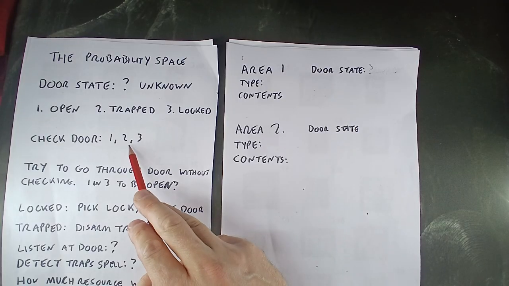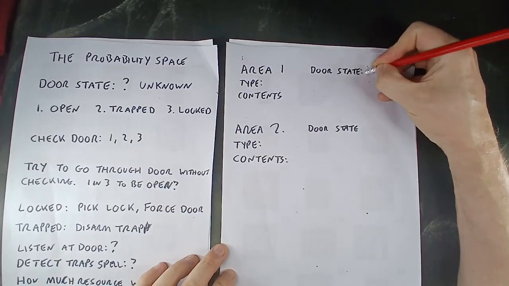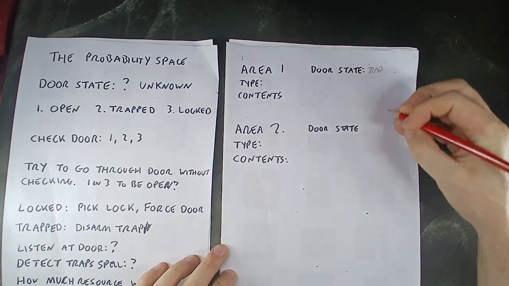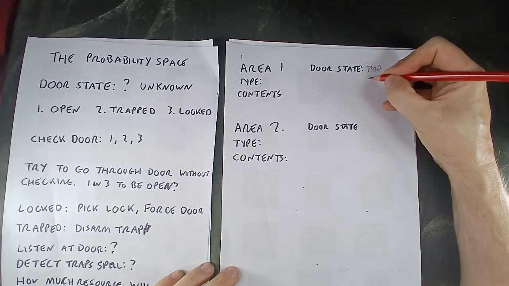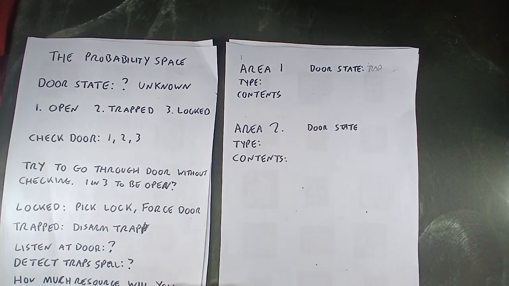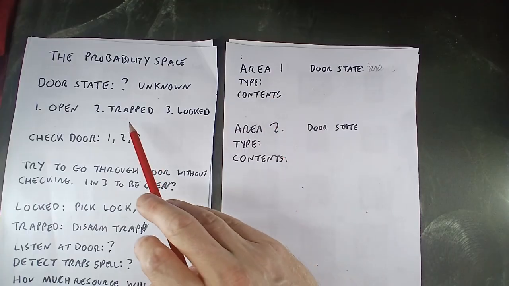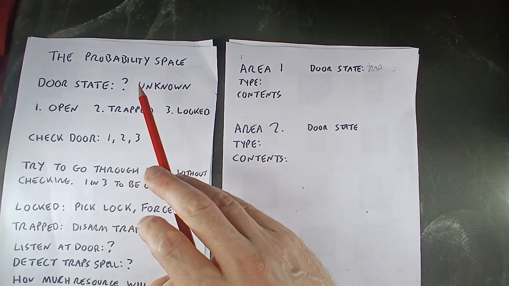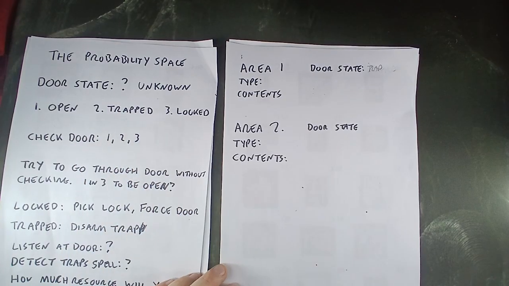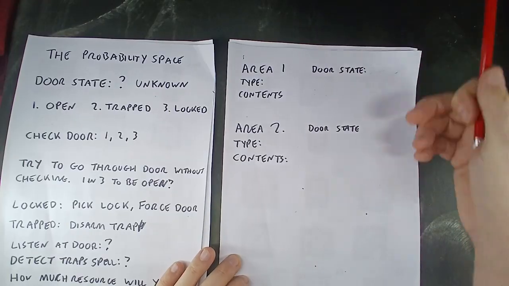And if, for example, I roll a 2, which means it's trapped, I would generate the trap on the door and that trap would be activated automatically straight away, and I would suffer the effects of the trap. So what checking the door does is provide information on the door, so that when you try and go through it, you already know what it is and you're avoiding the possible trap.